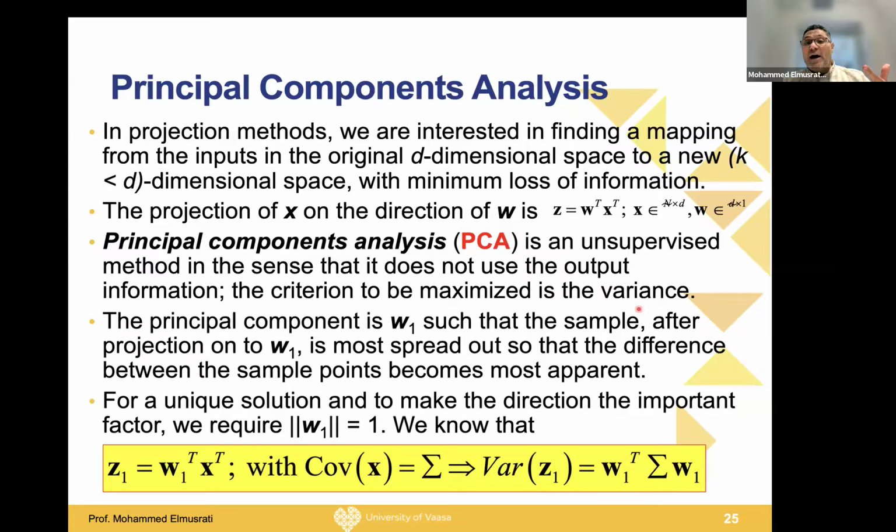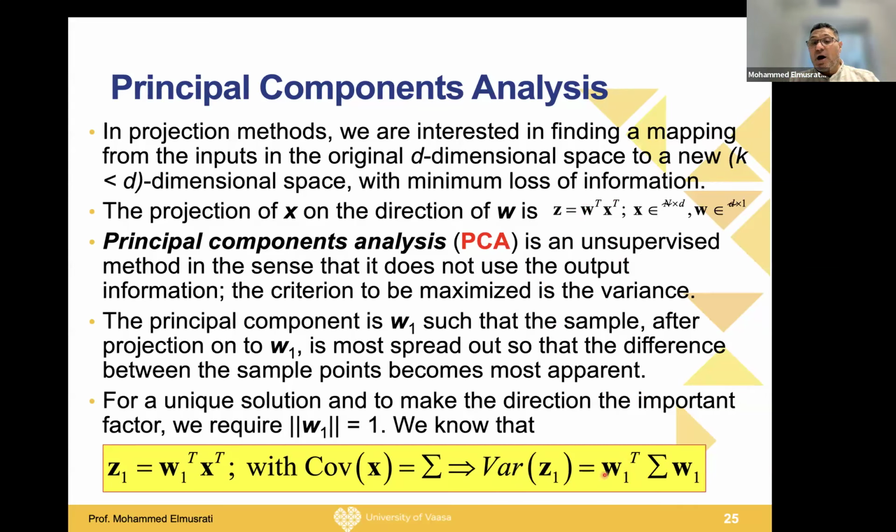Now I am looking for the direction of W, not its magnitude. The magnitude doesn't matter. It can be anything, not zero, because zero is trivial in this case. But I am looking mainly for the direction of W.